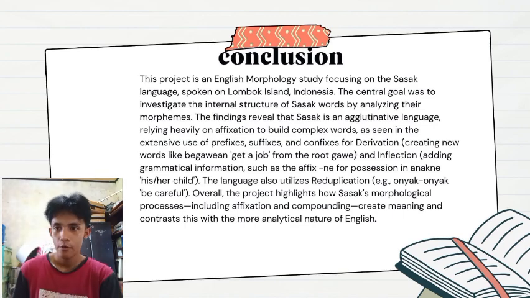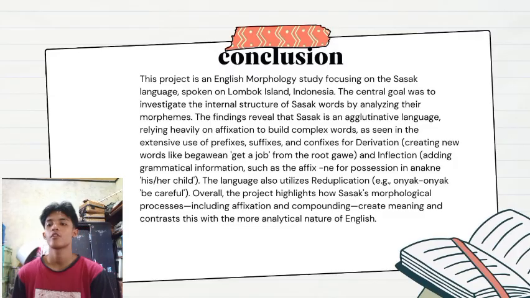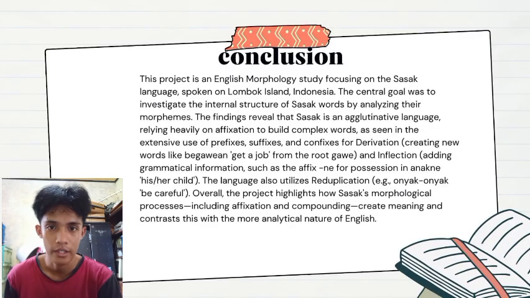The language also utilizes reduplication like onya onya, meaning be careful. Overall, the project highlights how Sasak morphological processes, including affixation and reduplication, create meaning and contrast with the more analytical nature of English.